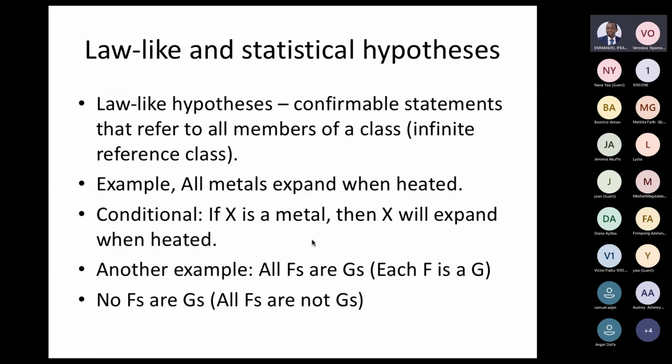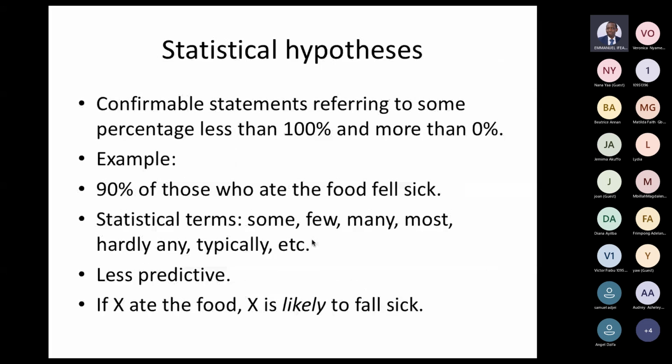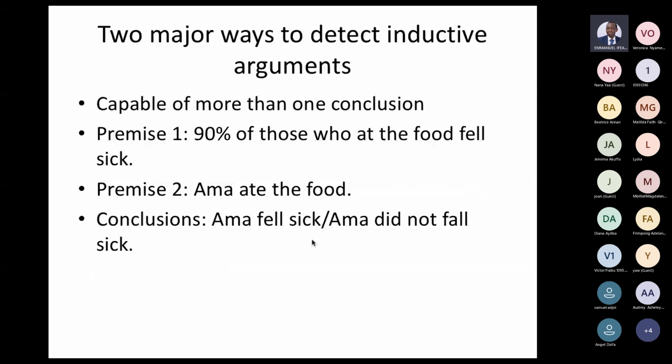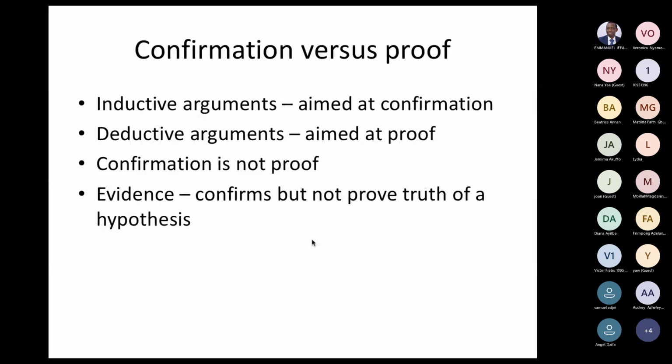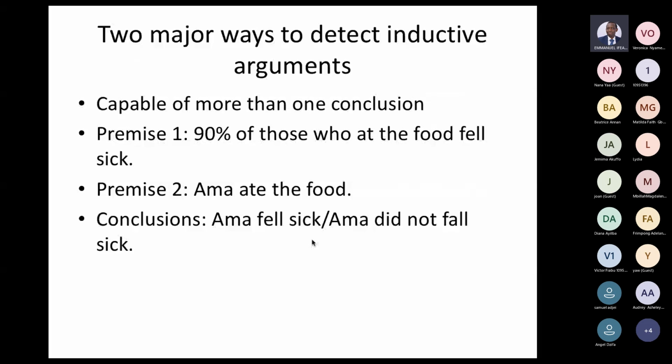Law-like hypotheses are confirmable statements that refer to all members of the class. That's the infinite reference class. And then the statistical hypotheses are confirmable statements referring to some percentage, less than 100% and more than 0. So both the law-like and the statistical hypotheses are usually conclusions of inductive arguments, and they make up the two major kinds of inductive arguments.